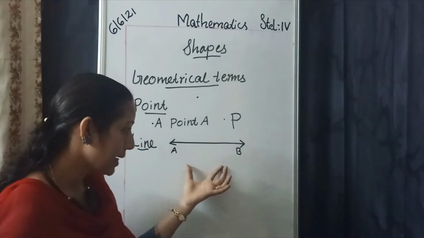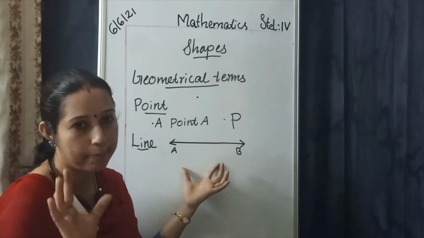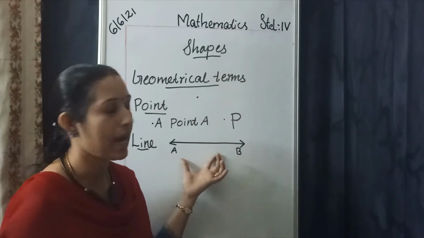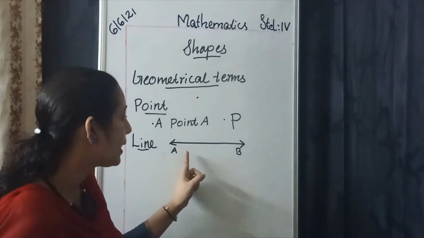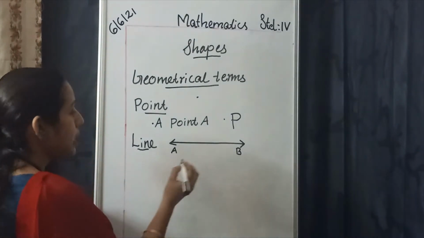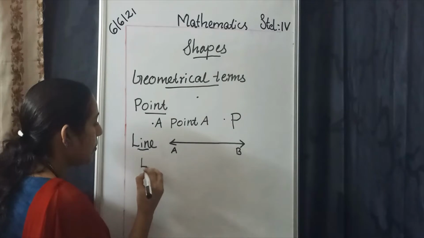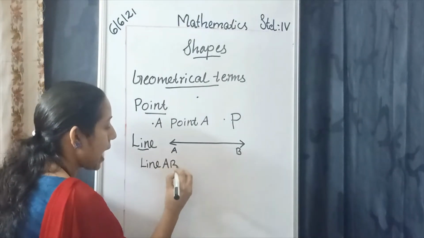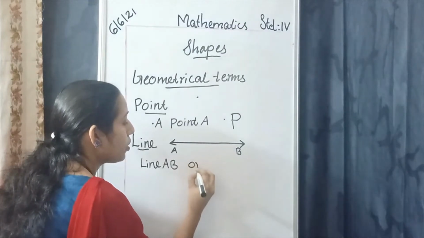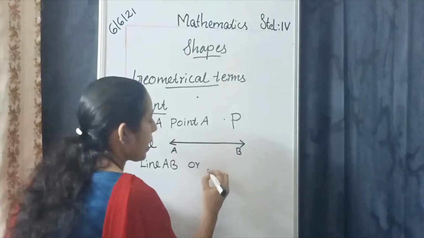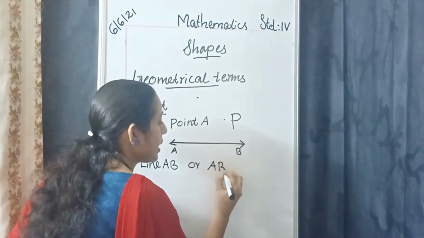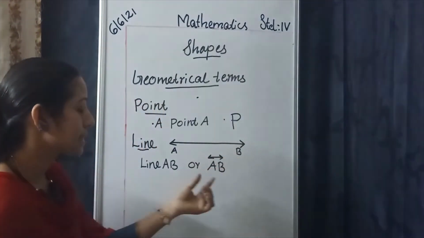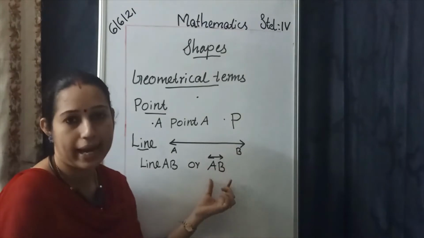We can give capital English alphabets as the name of the line. So we can read this line as AB. The name of this line is AB. We can read this as line AB, or simply, using a symbol, we can write AB and put this mark on top.